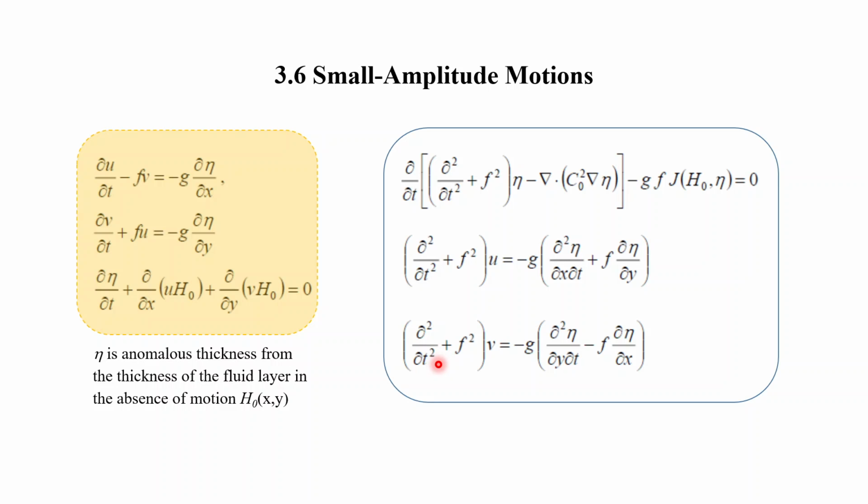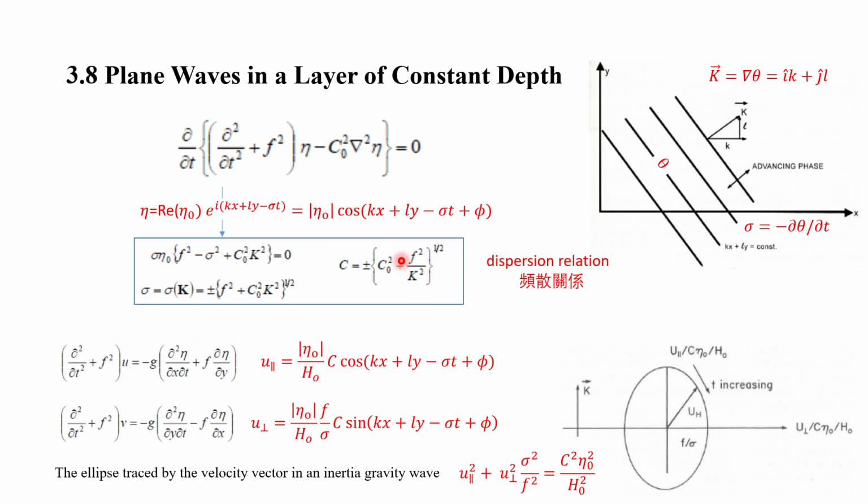Starting from this set of equations, we try to solve for the wave in the form of so-called plane waves. In the plane waves, we assume the wave is infinite in the horizontal plane, and the wave can be written in the mathematical form of horizontal phase lines theta, which is equal to kx plus ly, a constant phase.